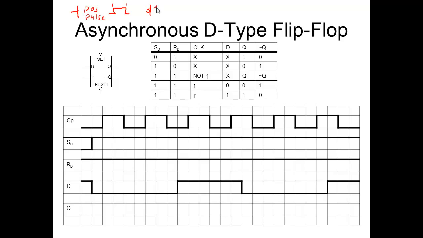Then they have what's called a negative pulse, which would be the whole negative piece of the clock or enable line. Those are the two without being edge triggered. Then they've added these edge triggered kinds. And if you don't have a bubble, which in this case we don't, this is called a positive edge trigger.